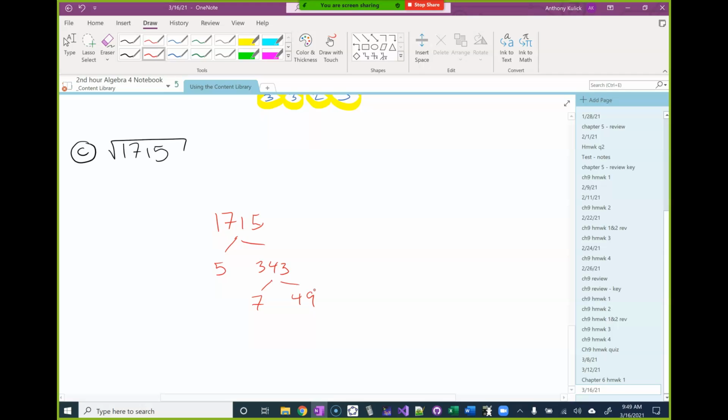And then square root 5 and square root 7, there's nothing more I can do with those, right? Together as square root 35. Does that feel okay?